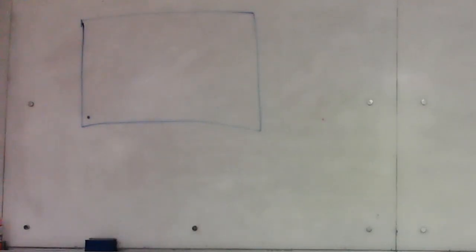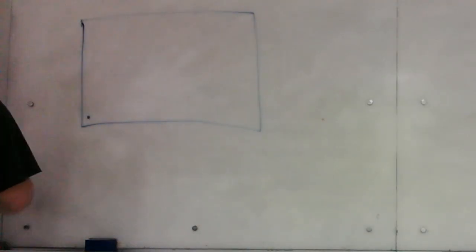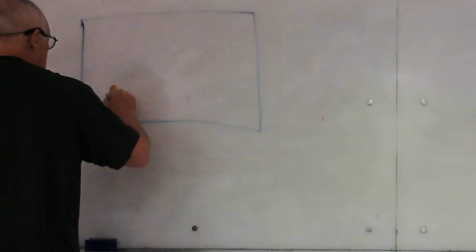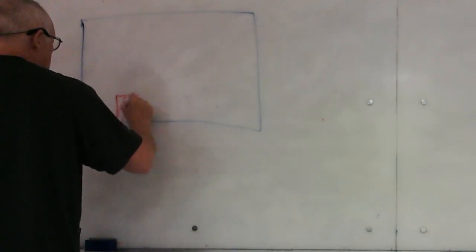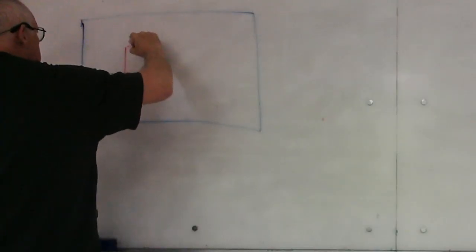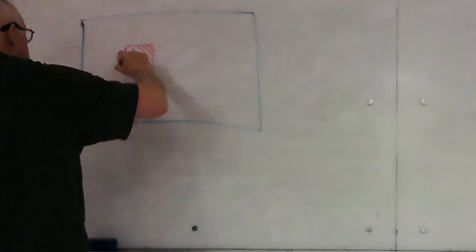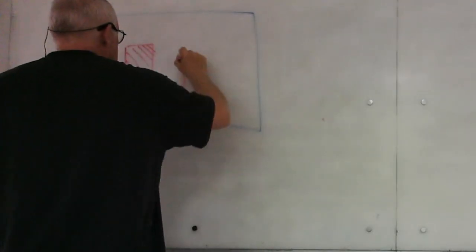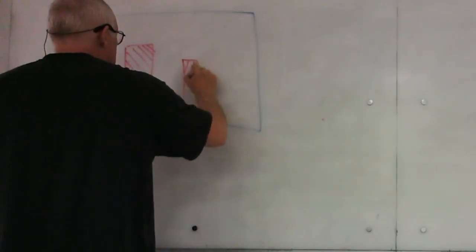So it has no dimension. If a space is free, it'll fit on it. If it's not free, it won't fit on it. And then we have a number of obstacles like this.